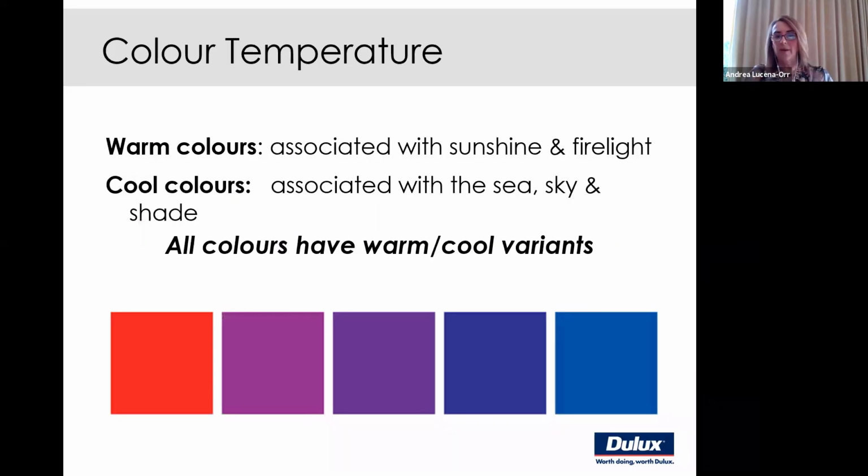Colour temperature, I mean, obviously you all know that a lot of colours basically have cool or warm variants, and the degree will depend on whether it is a muted or a chromatic colour.